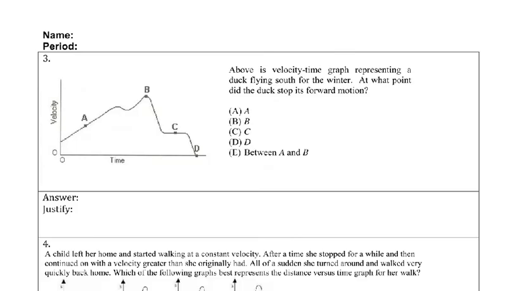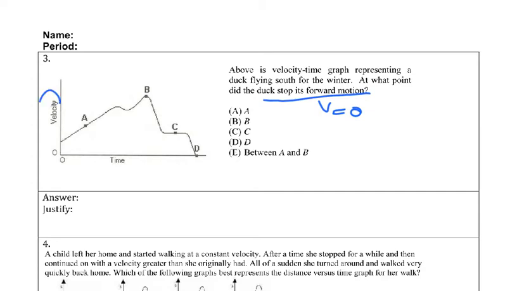Alright, so let's look at number 3. It says above is a velocity time graph representing a duck flying south for the winter. At what point does the duck stop its forward motion? We know that if it's stopping its motion, v equals 0.